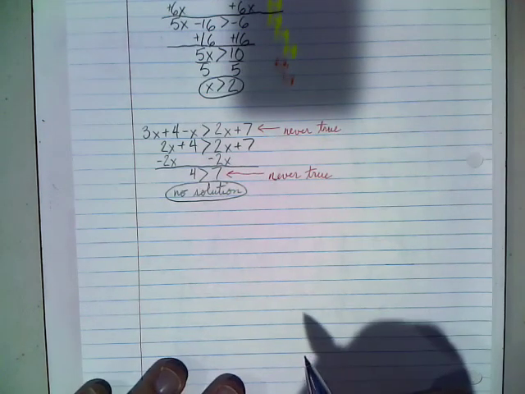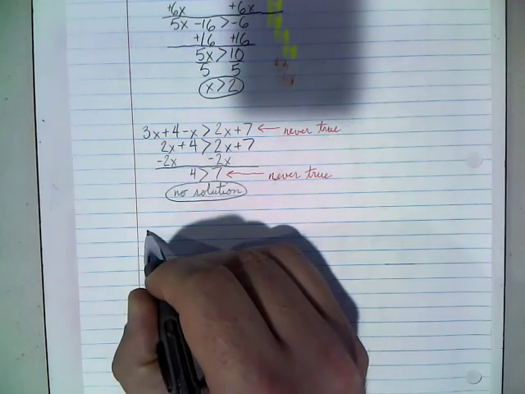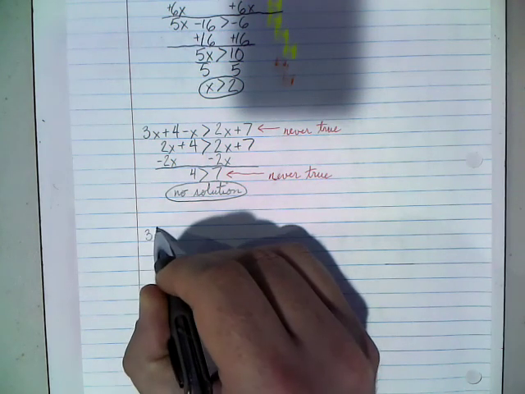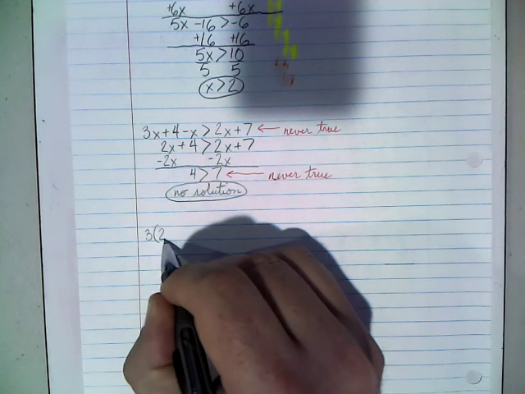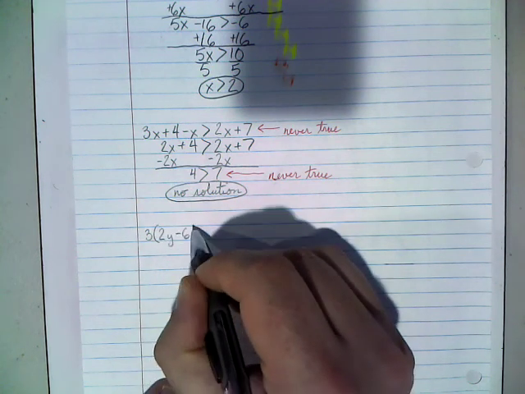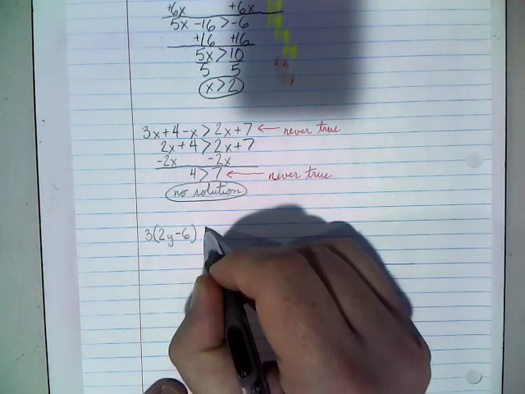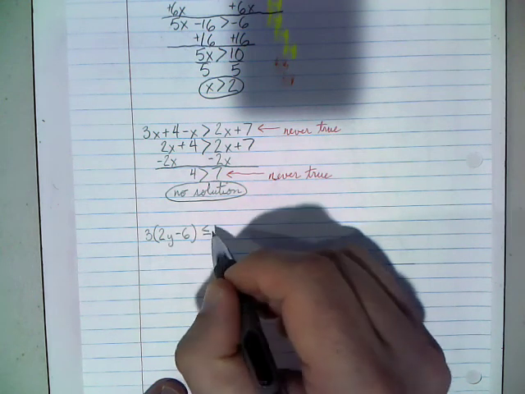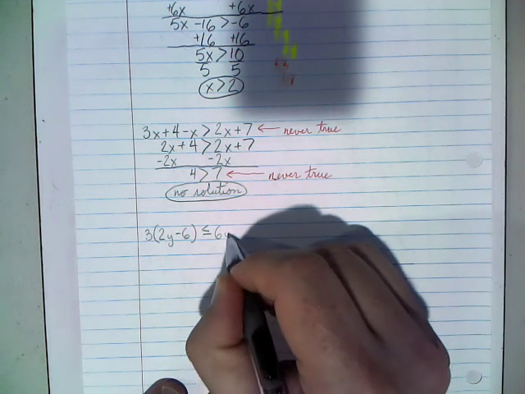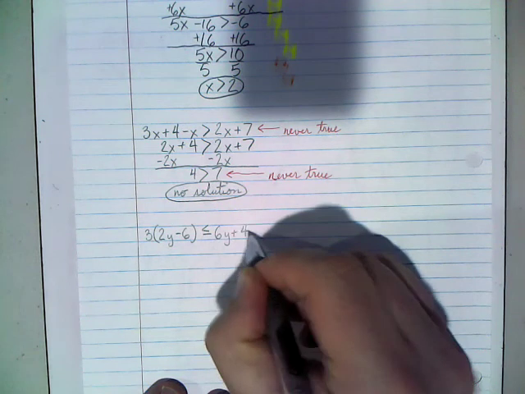All right, let's take a look at one more here. We're going to do 3 times the quantity 2y minus 6 is less than or equal to 6y plus 4.